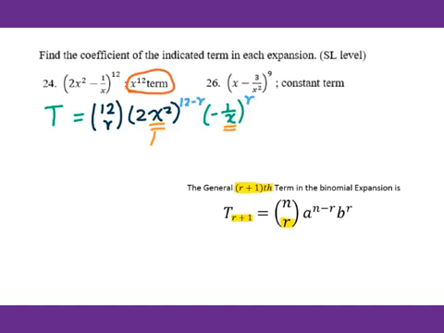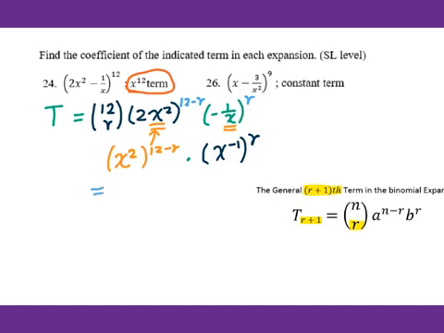Now we organize the variable x. We got from here, that is x to the 2nd power, then do 12 minus r's power. Then times this part, we got 1 over x, that means x to the negative first power, then to the r's power.